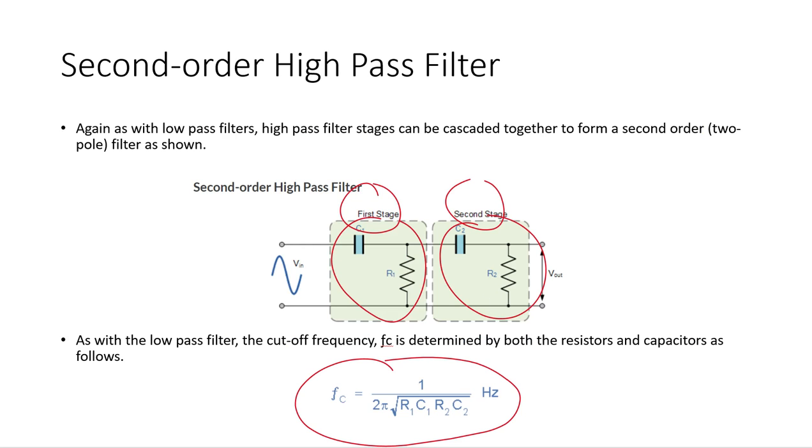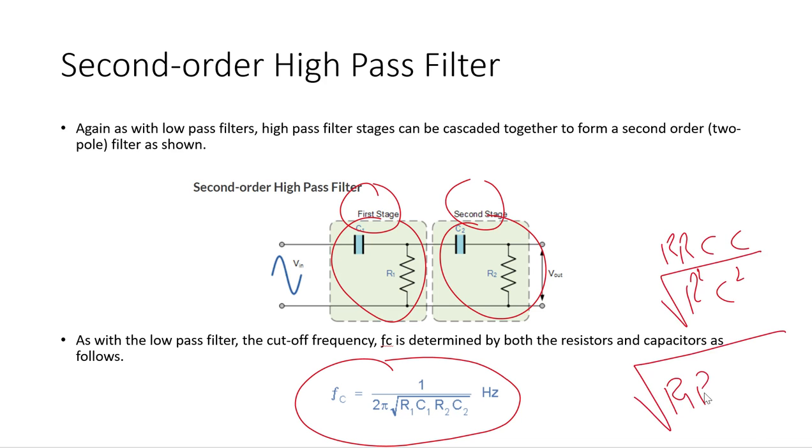Why are we taking under root? Because if we multiply R with R and C with C, they become R square and C square. So we must have an under root with it. So now it is R1 C1 and R2 C2. That's why this under root came into being. Okay, so this is the high pass filter.